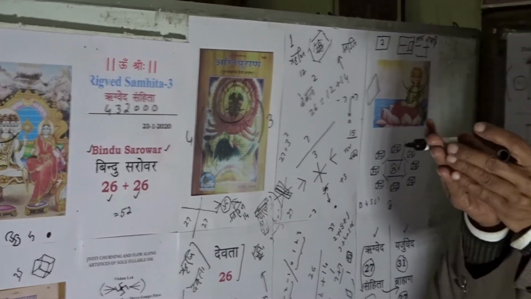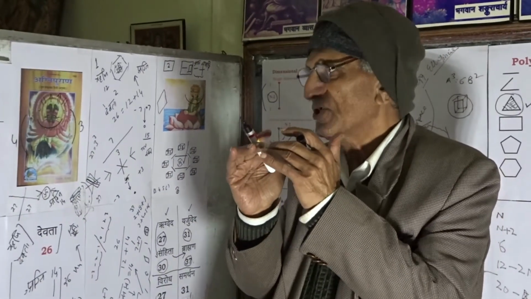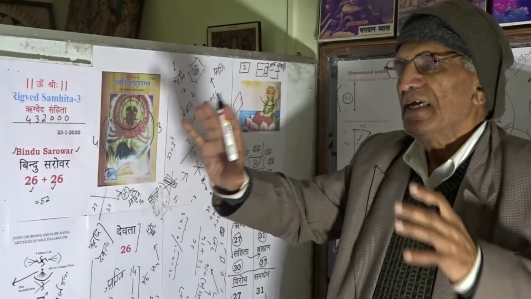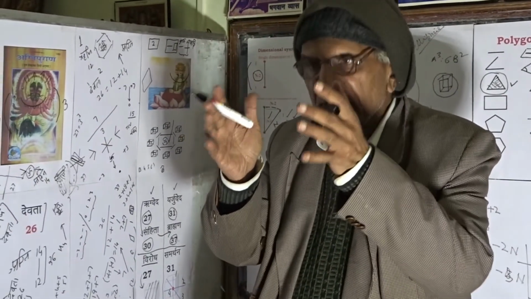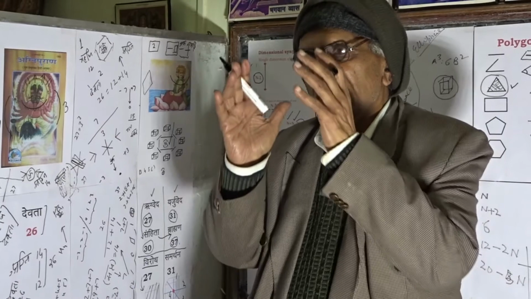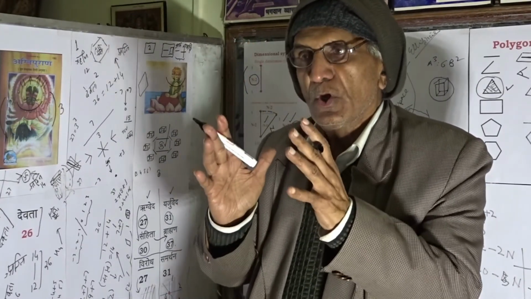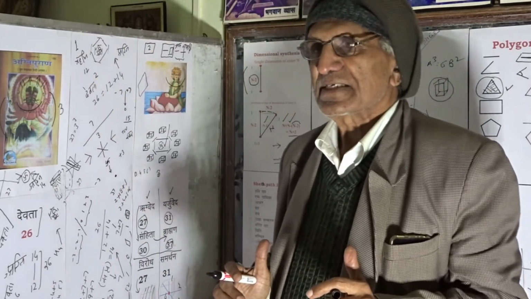This way we see that the organization format of Shakala Rigved Samhita is so rich in its structure that it is going absolutely parallel to the existence phenomenon of our solar universe.